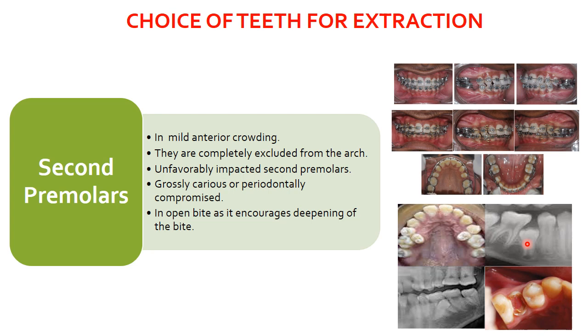In other words, we don't want this space of premolar extraction, let us say it's about 7 to 8 millimeters, to be completely closed by the posterior movement of the anterior teeth. We want part of this space to go to the posterior teeth also. As we said before, if we would like to maintain the facial profile of the patient, and we don't want to make an overcorrection or over-retraction of the anteriors, we will prefer to extract the second premolars.